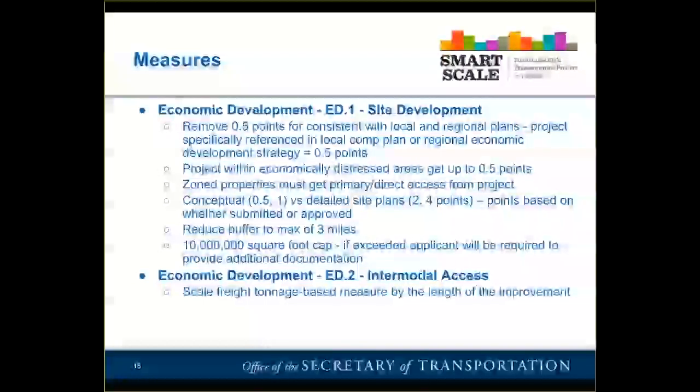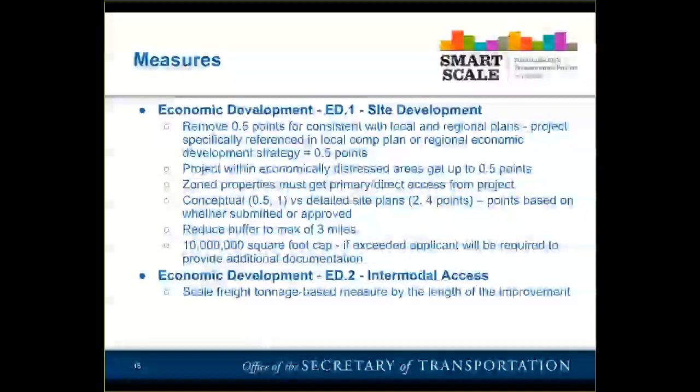We also are reducing the buffer max from 5 miles to 3 miles, and we'll have a 10 million square foot cap. It can be exceeded, but there will be additional documentation that the applicant is going to have to provide to show that that's a reasonable amount of development that the project is going to support. And then last, under economic development, the intermodal access.